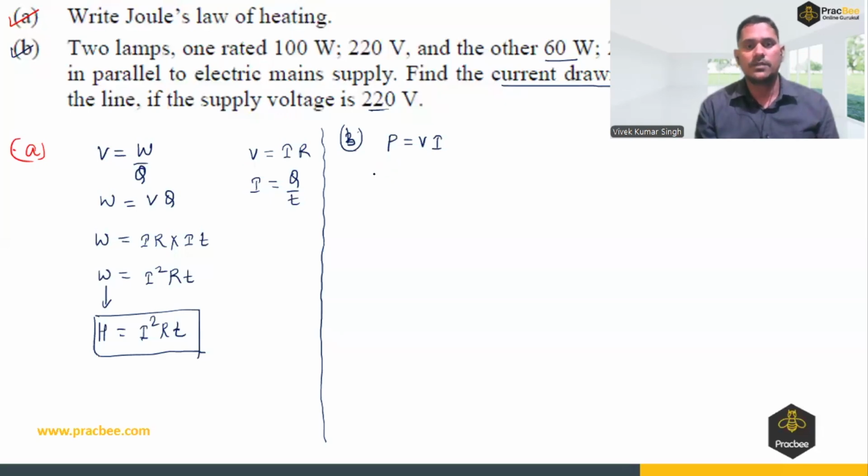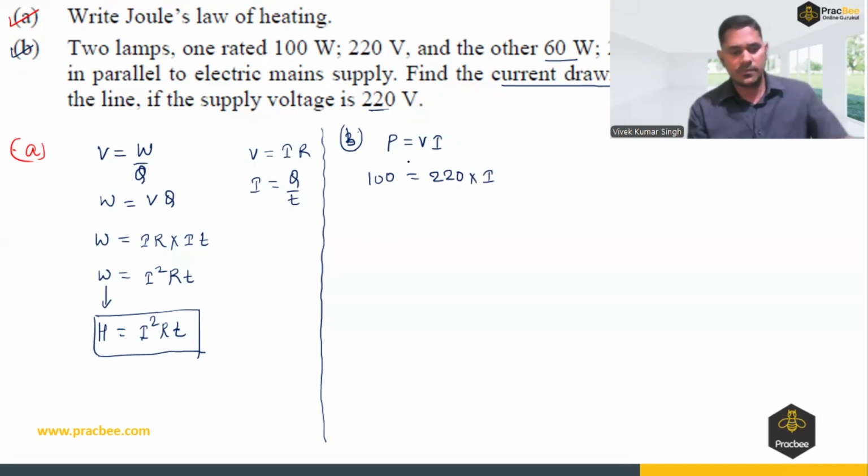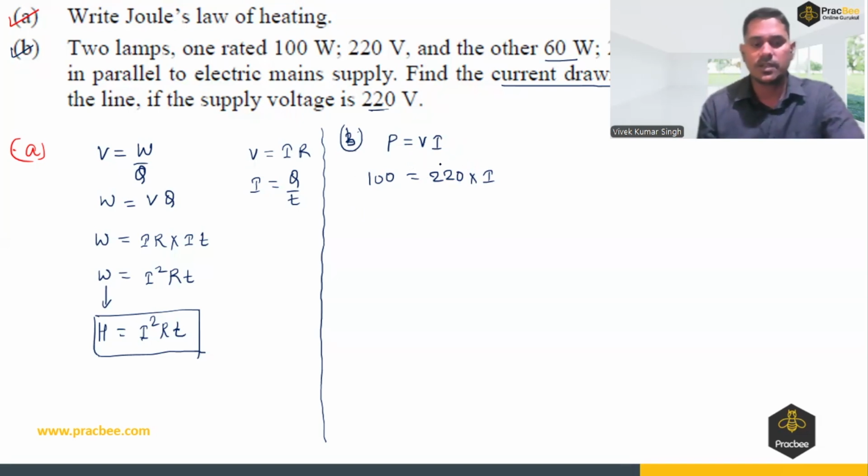So power is given as 100 watt for the first bulb. 100 watt is equal to 220 volt multiplied by I. Let us suppose the current through the first bulb is I1. So P1 is 100 watt, and V is common for both because they are in parallel.